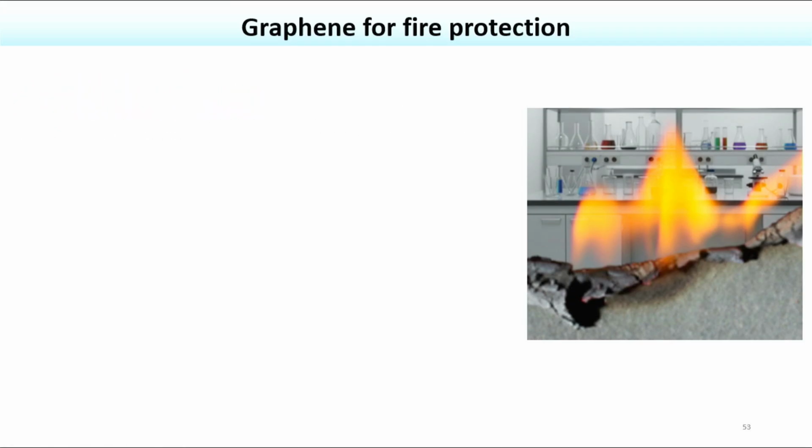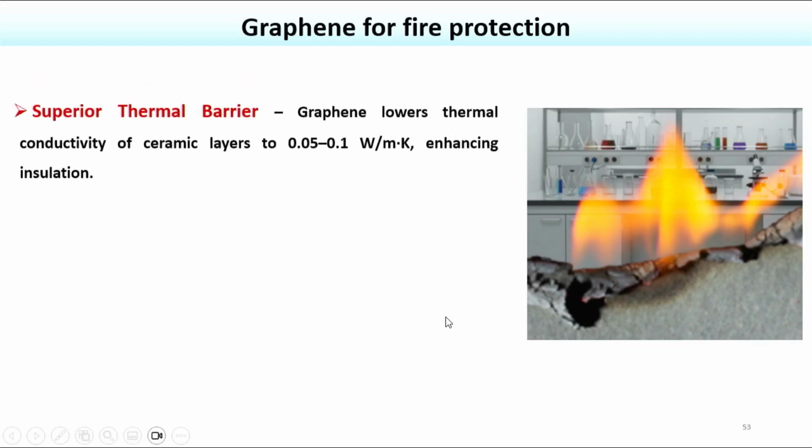Then graphene for fiber protection, a superior thermal barrier. Graphene lowers the conductivity of the ceramic layer and enhances the insulation. The ceramic layer has some conductivity, but if we use the graphene layer, it will lower the conductivity.